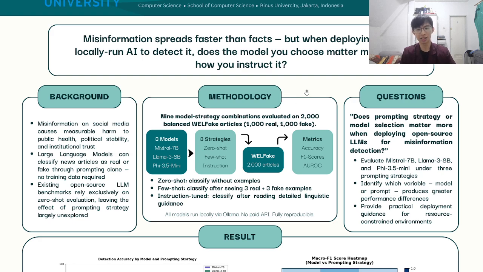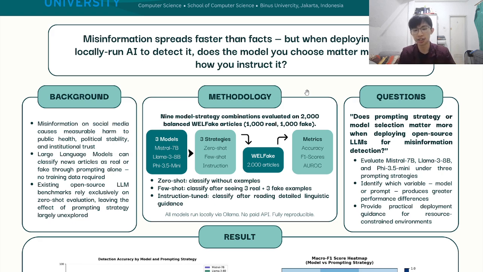And we're going to run those models with three prompting strategies. The first one is zero shot. Zero shot is a very simple one-line prompt. Then there's few shot, a prompt where we provide examples. In this case, we give three real and three fake articles as examples, and tell the model to identify whether the article we want to classify is real or fake.